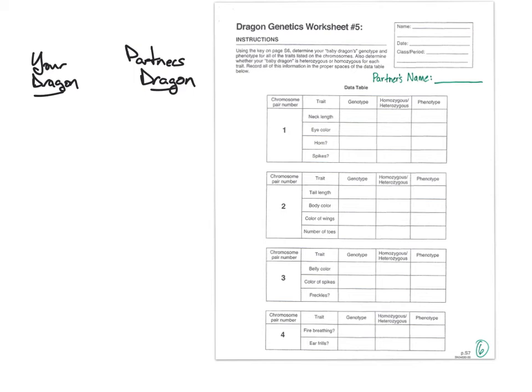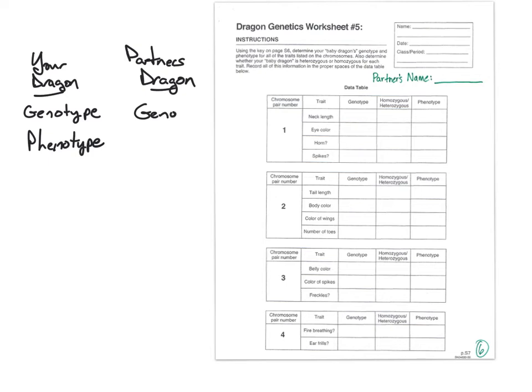First of all, you have your genotype, right? For all your different genes. You have your phenotype. That's the dragon that you drew up. That's what you see, right? Does it have horns or not? Does it breathe fire or not? Whatever. And your partner has that genotype too.